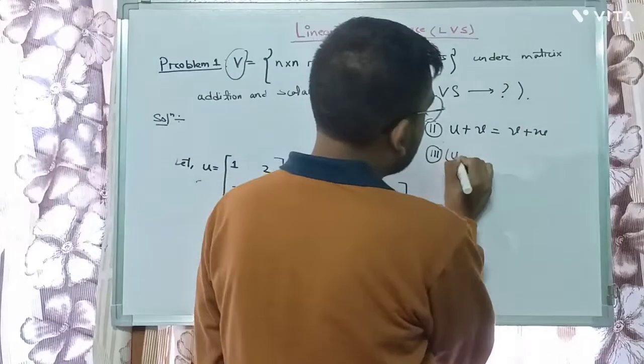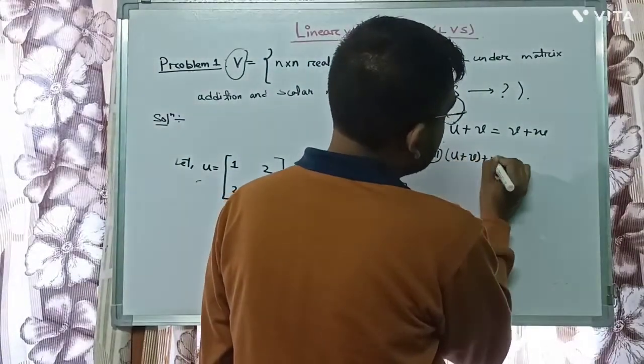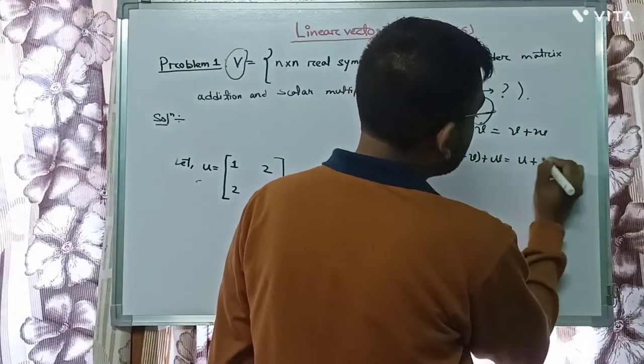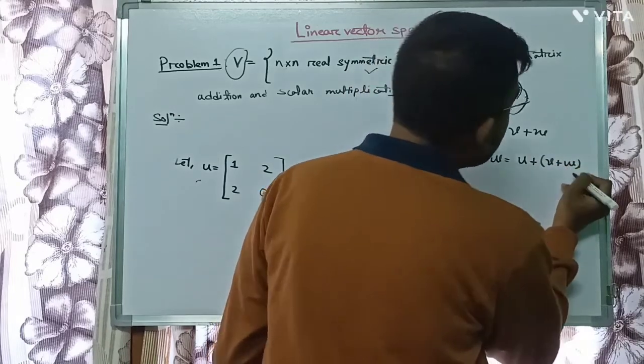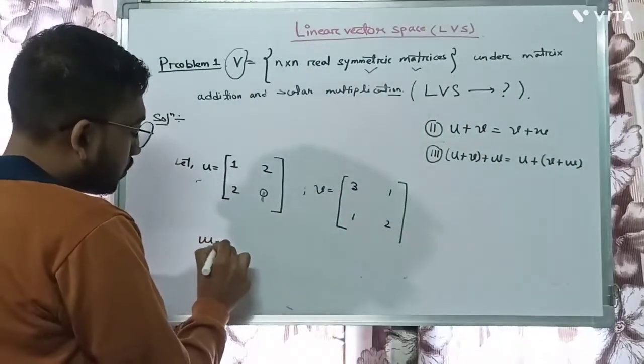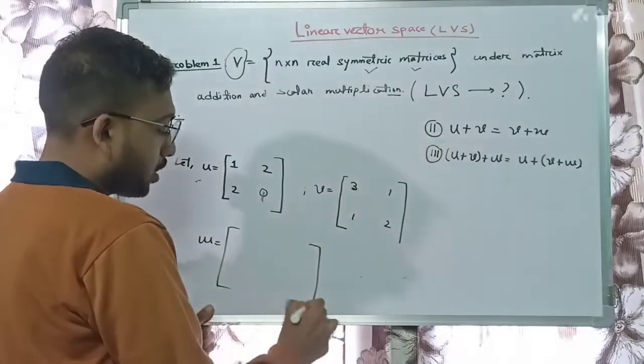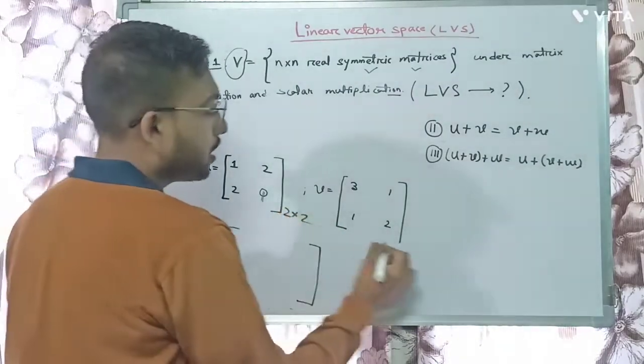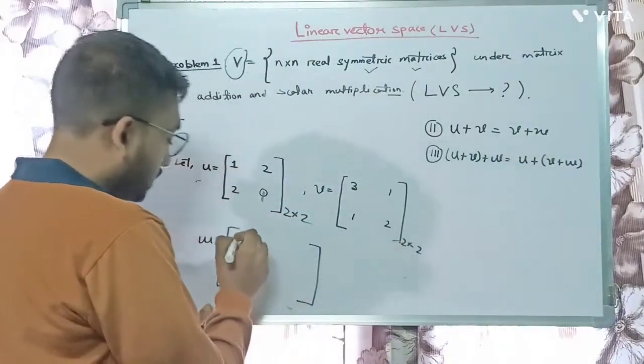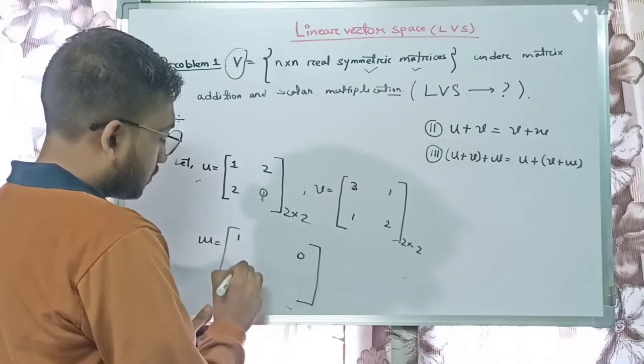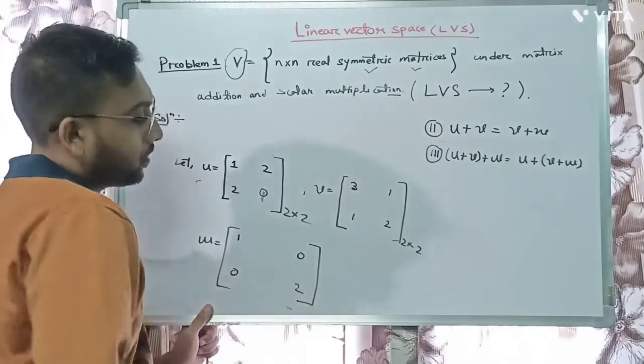So after this, the third property is U plus V plus W must be equal to U plus V plus W, grouped differently. So we are considering W to be another symmetric matrix of 2 cross 2. These all are 2 cross 2. W is 1 0, 0 2.